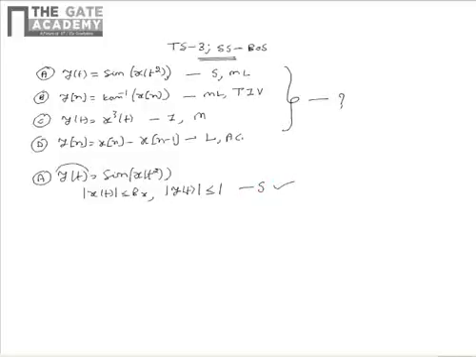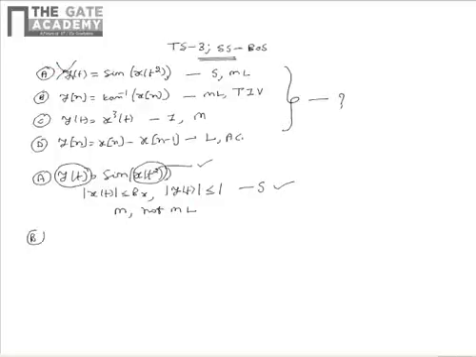But we see that output y of t depends on future values of the input. This is mainly because of t square term. From this we can say that the system has memory, and hence it's not memoryless. From this we can say that the option A is not correct.